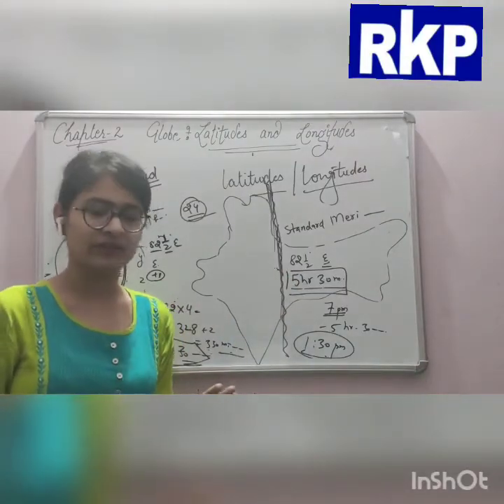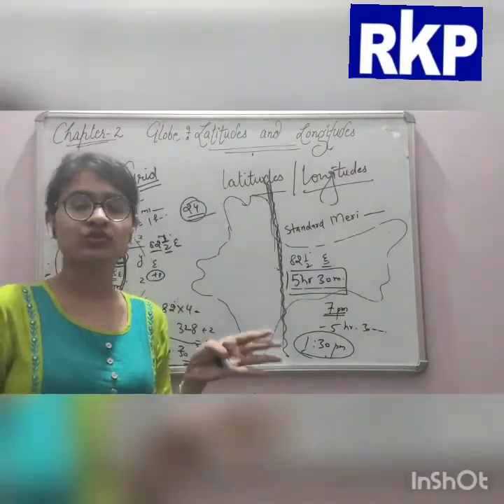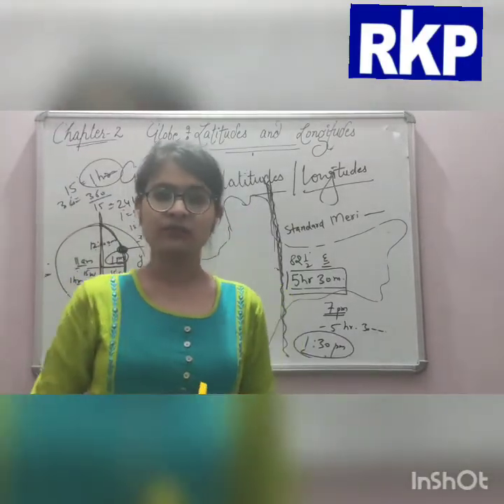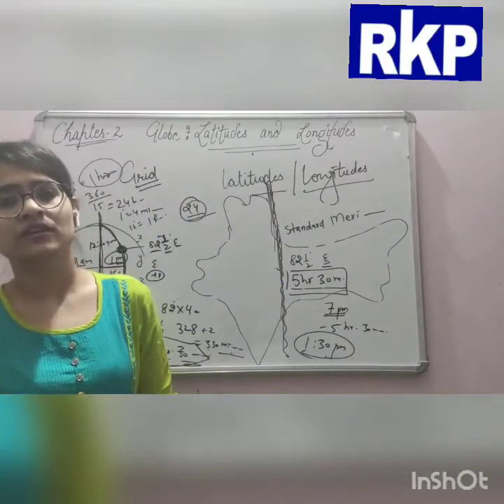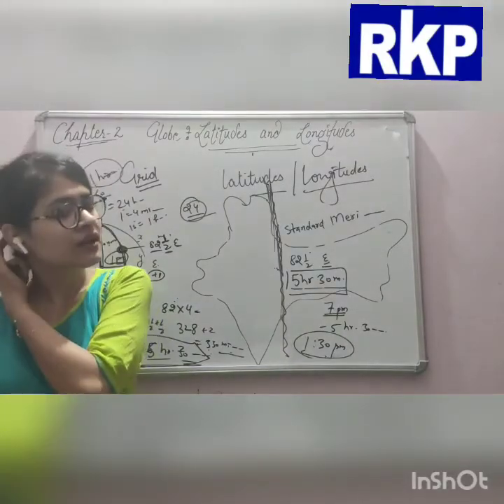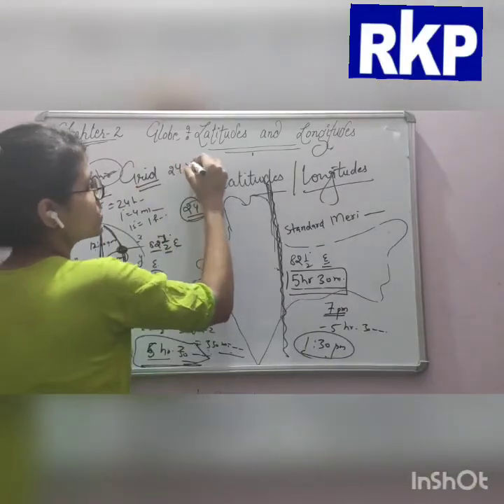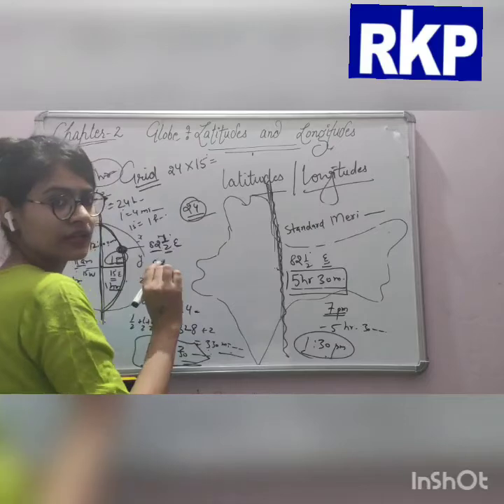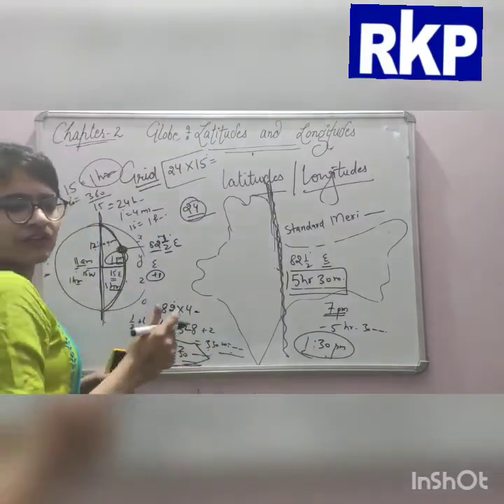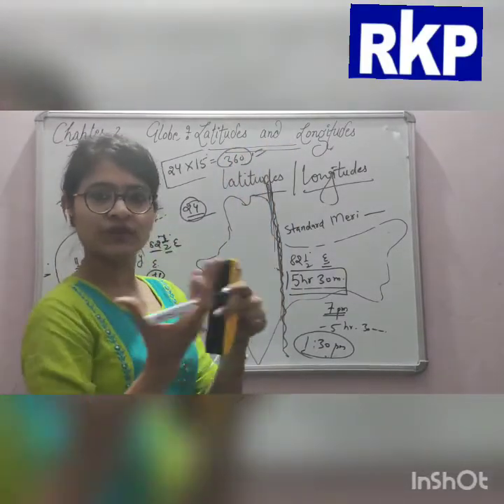But there are countries like Russia, which has 12 time zones, where 12 meridians pass through Russia. In total, on our Earth there are 24 time zones, and each zone covers 15 degrees of longitude, and that makes 360 degrees. So one rotation is complete.